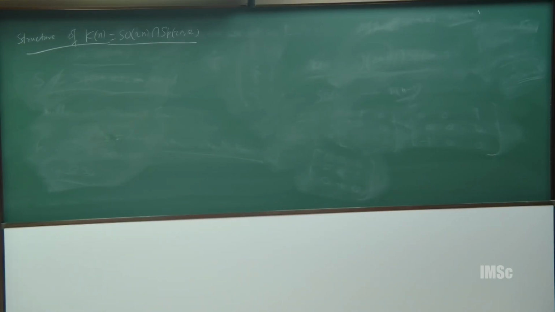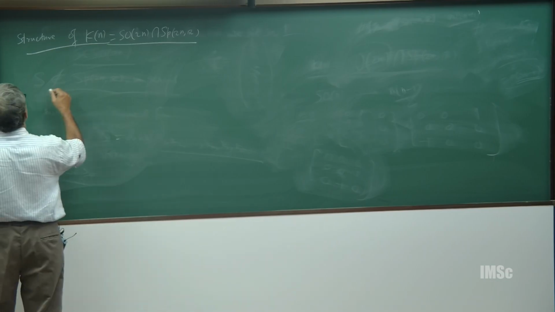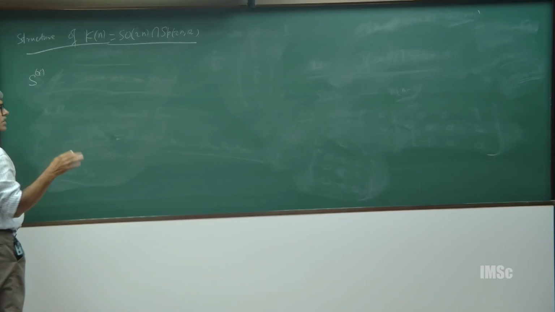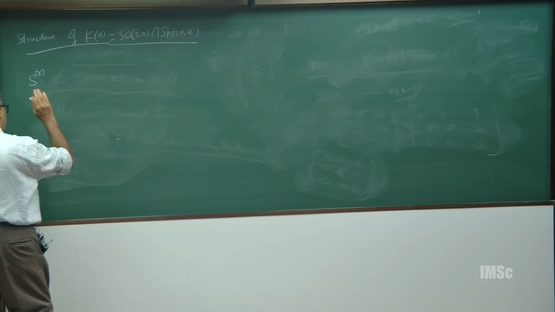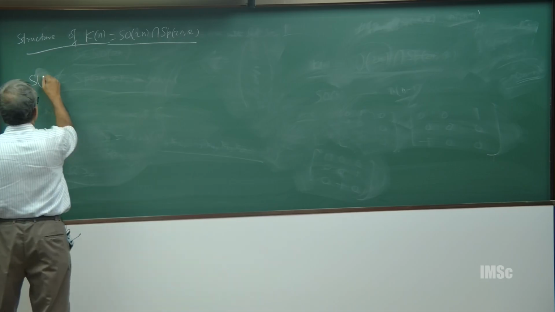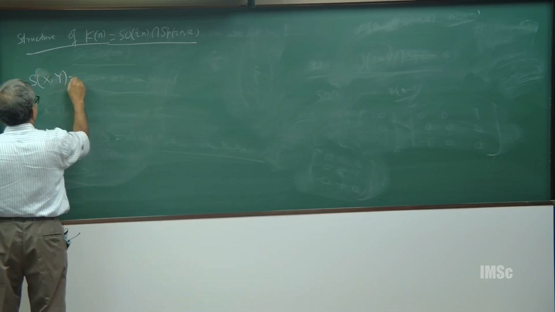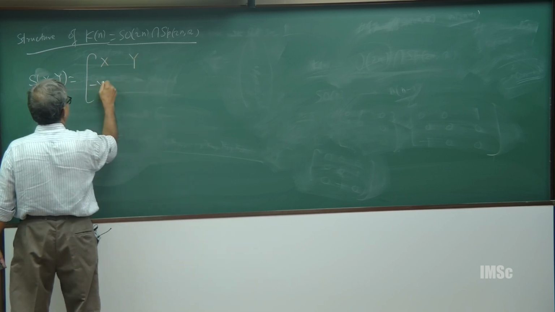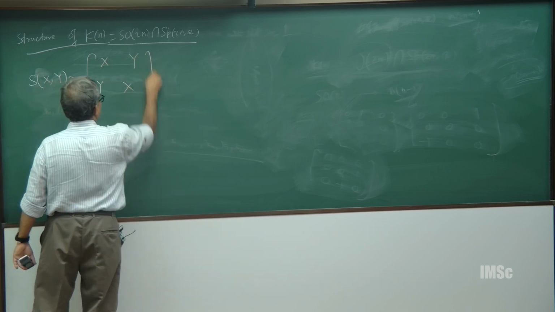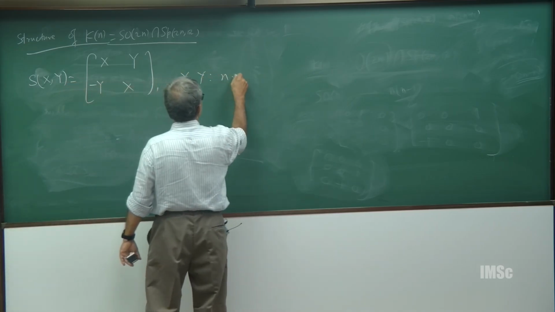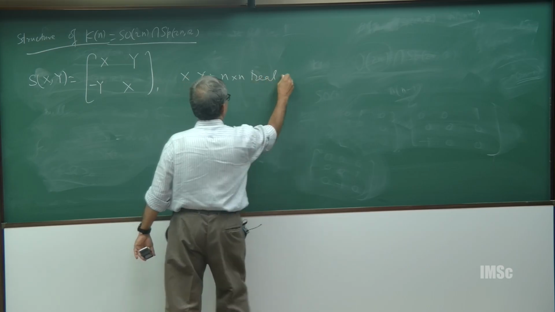Let us take this transformation S, because we are dealing with real matrices. If you do not want that, you can just write S of x and y, and this is x, y, minus y, x, where x and y are n by n real matrices.